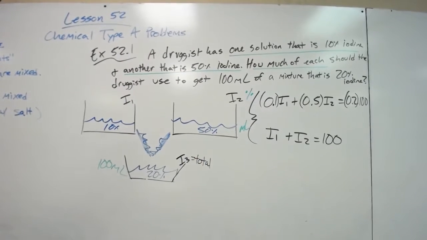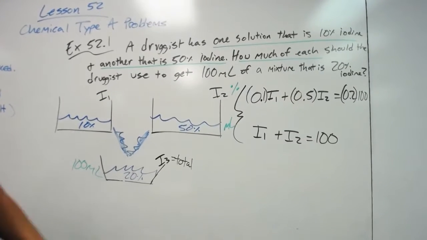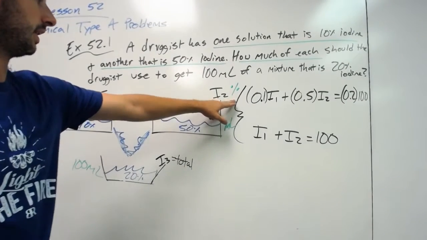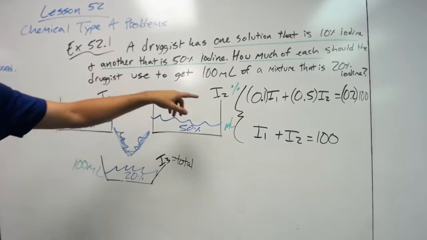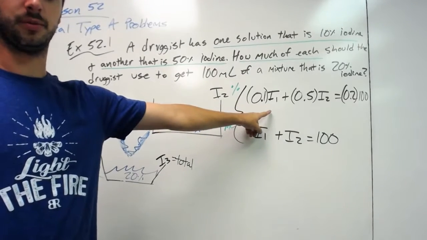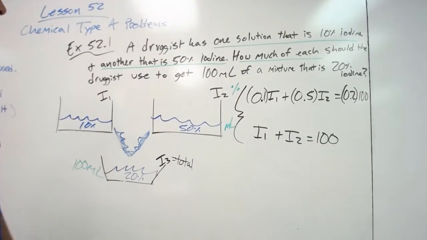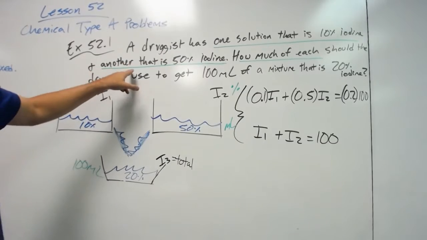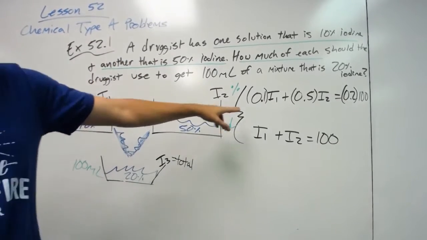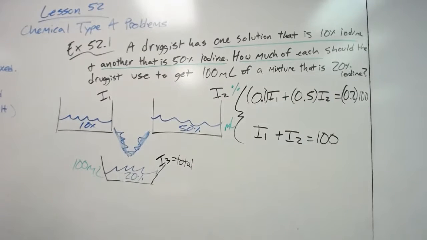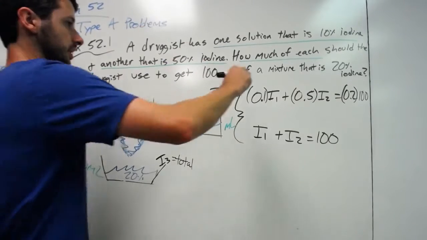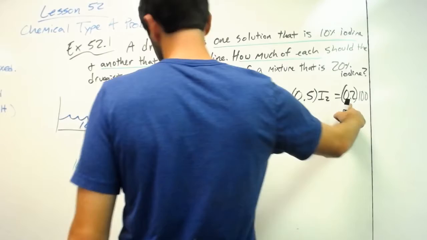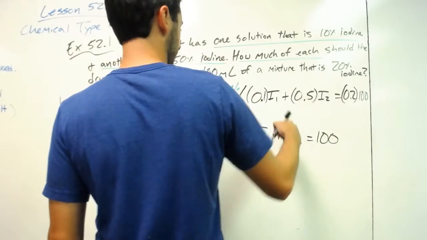So now, how do we solve that mathematically? Well, how I can write this is 10% of iodine 1, because that's one solution, 10% of, meaning multiply, iodine 1, plus, because it has another that will be mixed, 50% iodine 2, equals, since we're combining those two, a mixture that is 20% iodine 3.